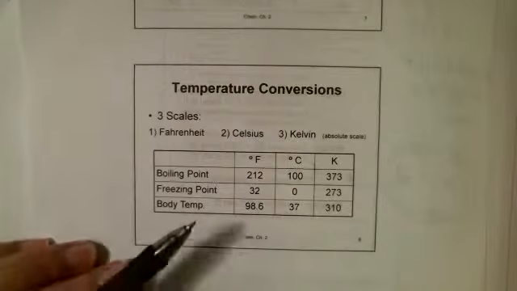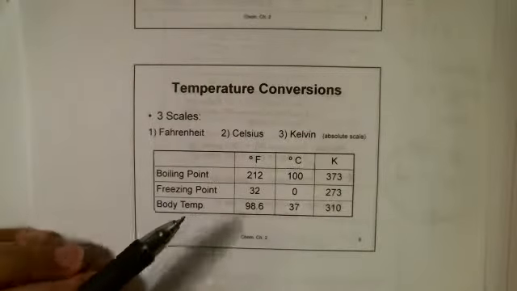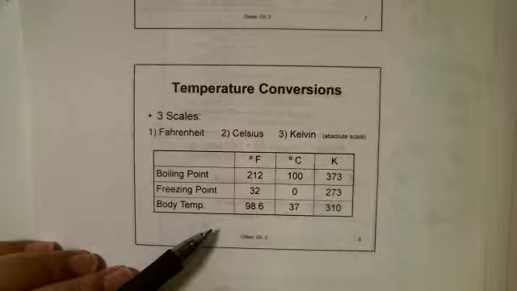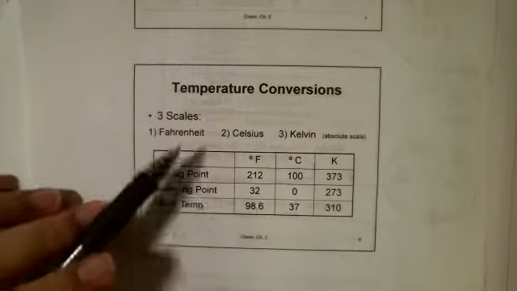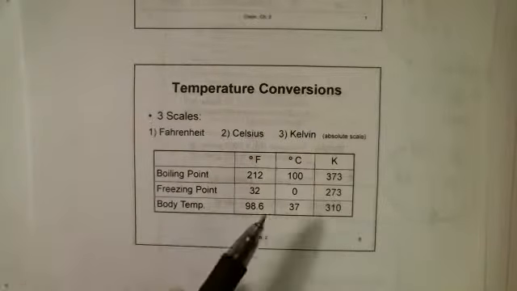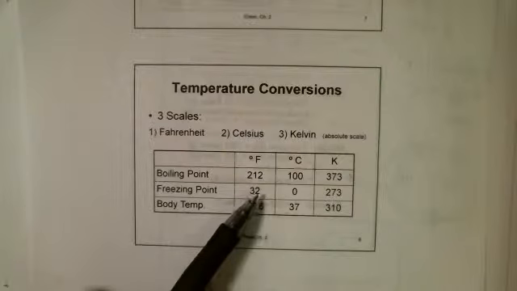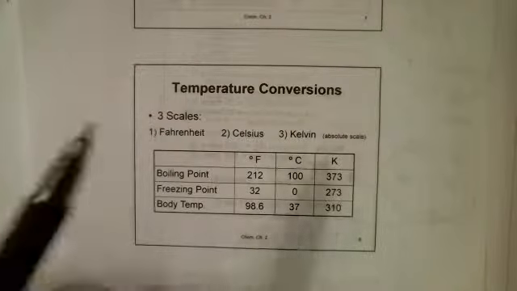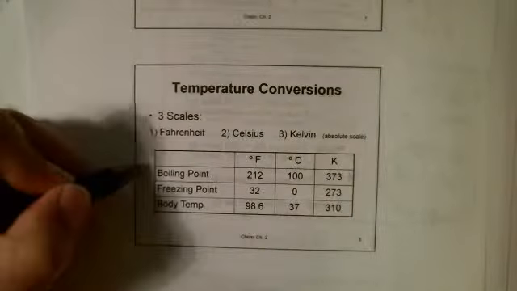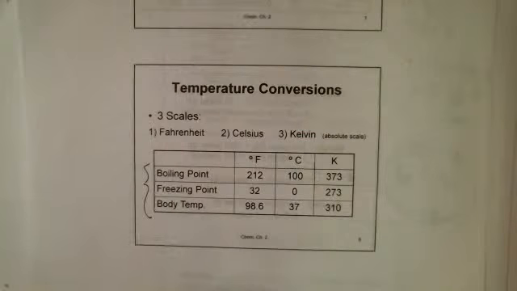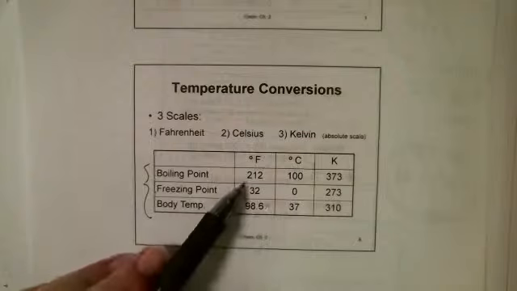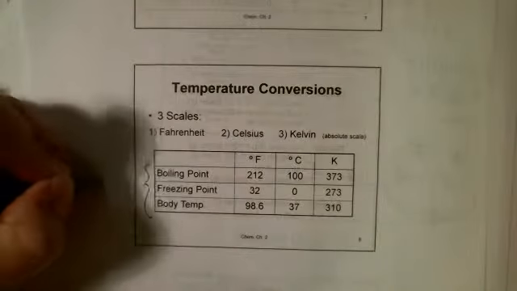Let's look at temperature conversions. Now, you did this with an earlier worksheet, but we're going to be working with these three temperature scales: Fahrenheit, degrees Celsius, and Kelvin. You should definitely remember these values, especially boiling point and freezing point of water.